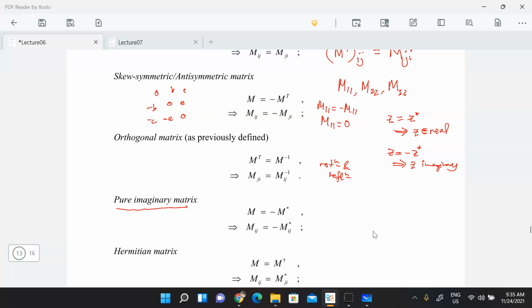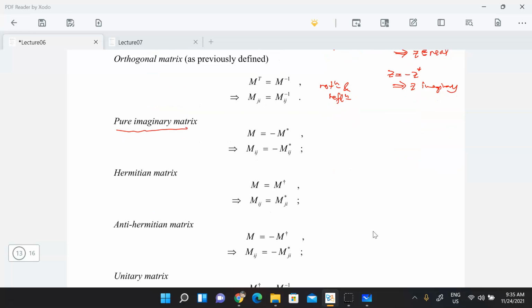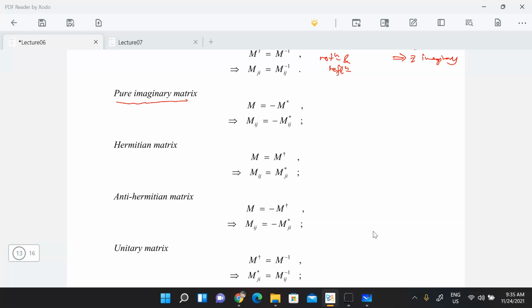Okay, so now let's go to the case of the Hermitian conjugate. Okay, so what does it mean to have a Hermitian conjugate matrix? Remember, M dagger_ij should be equal to M_ji conjugate.